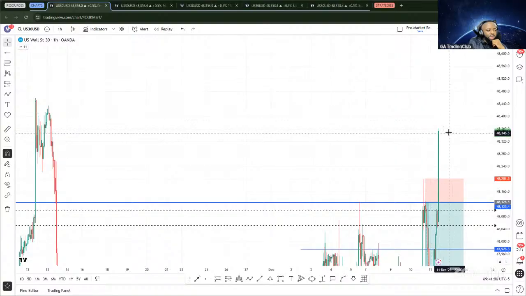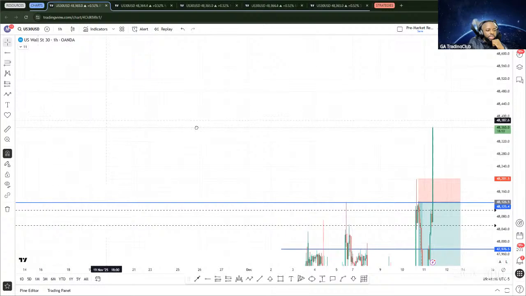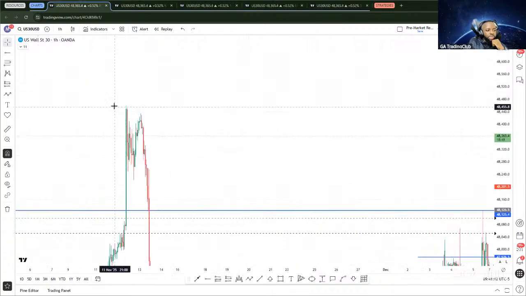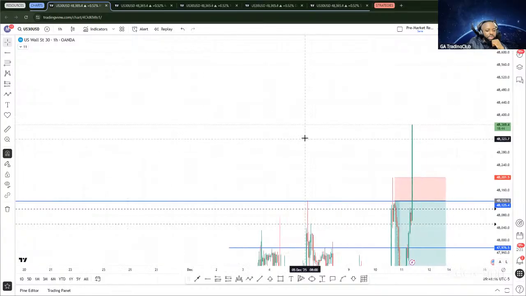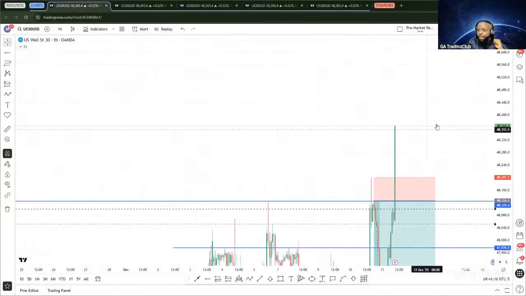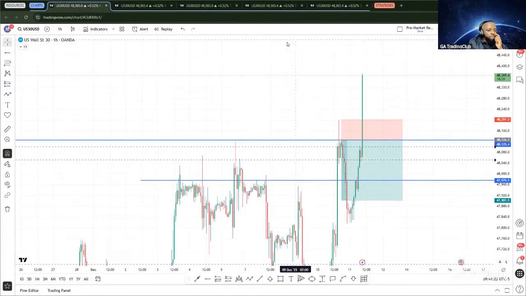So we'll see how this hourly candle closes in 19 minutes. If it creates a wick that intersects with any of these wicks, either this one or this one, that would be a structure play for a sell. So we'll see if that happens.